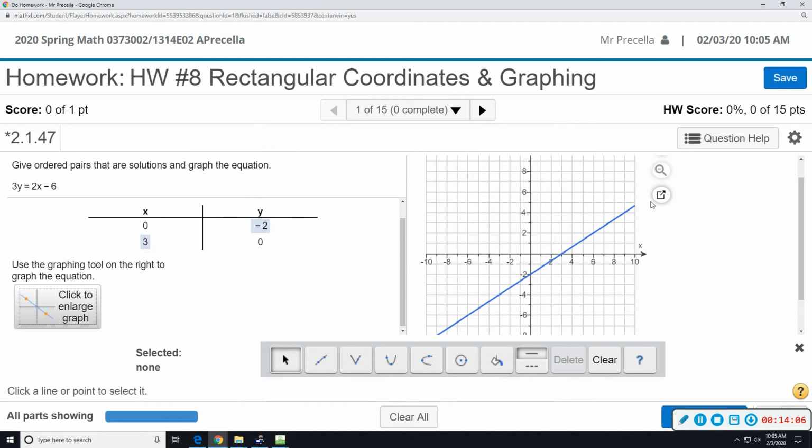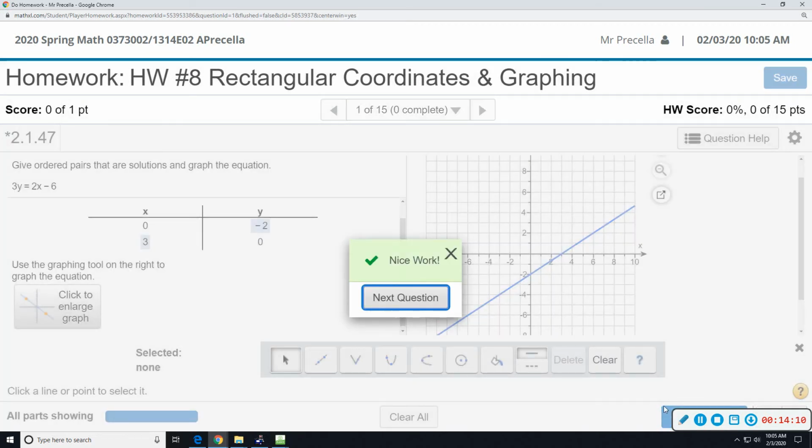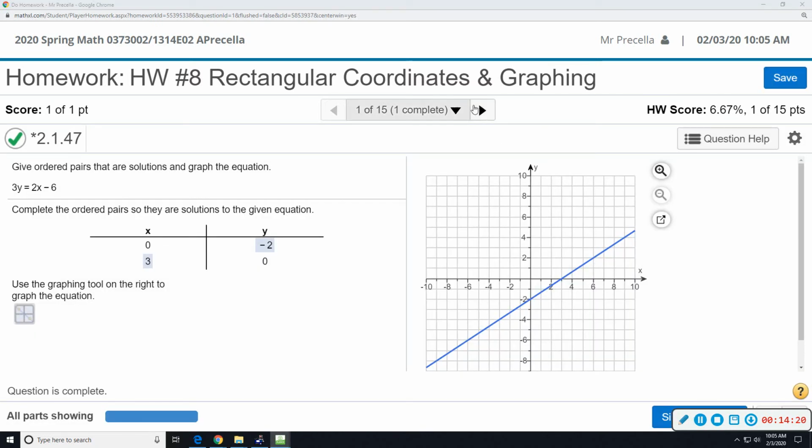It puts the graph here, and you can say check it. Okay? Any questions there? So nice little graphing tools. If there aren't any questions, we'll move on to the next one.